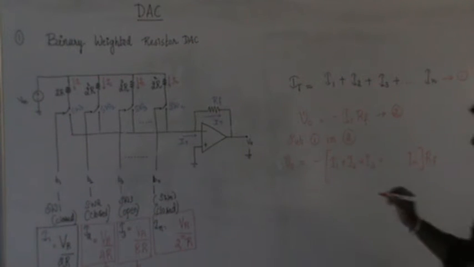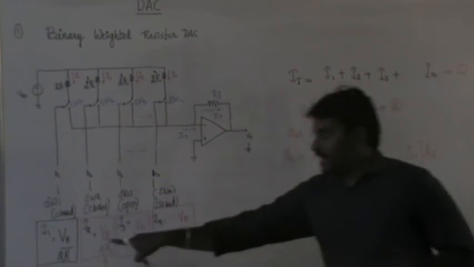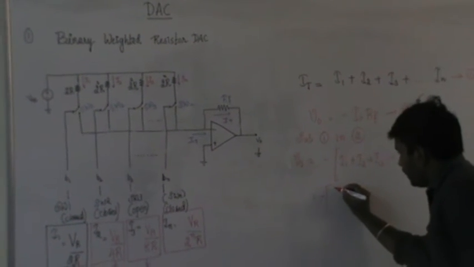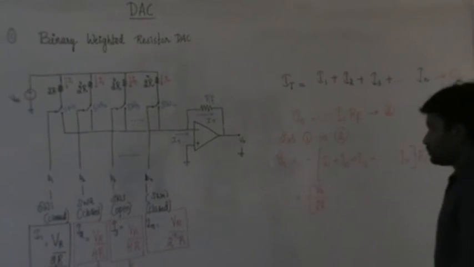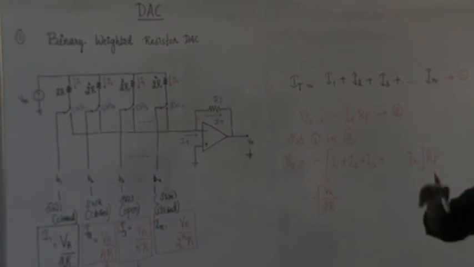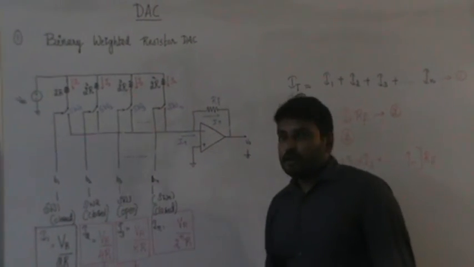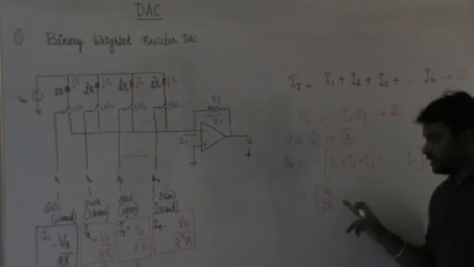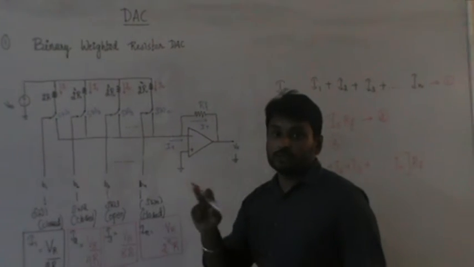Next, I know that I1 I can write as VR by 2R, right? So VR by 2R. And this term will come into picture only if my B1 is equal to 1. And this term will tend to 0 if my binary number is equal to 0.